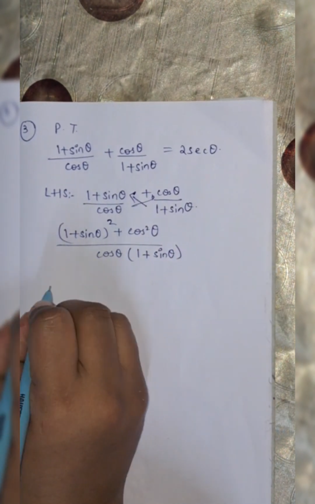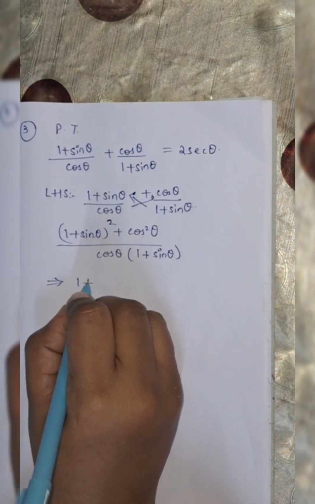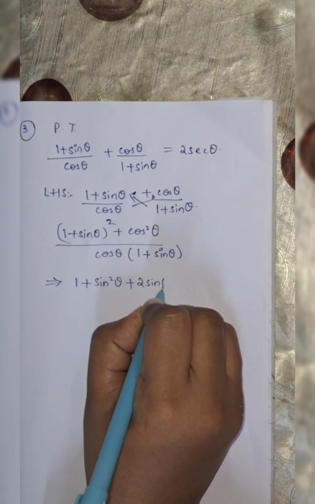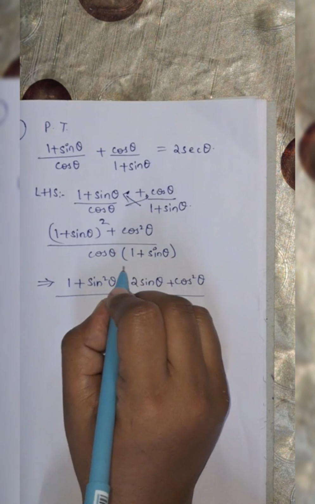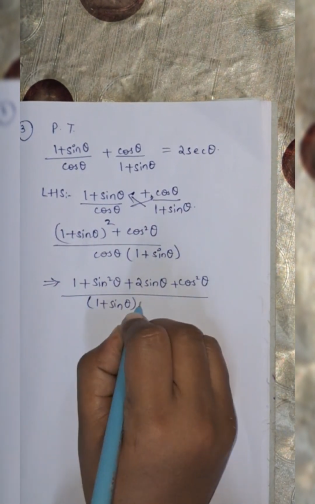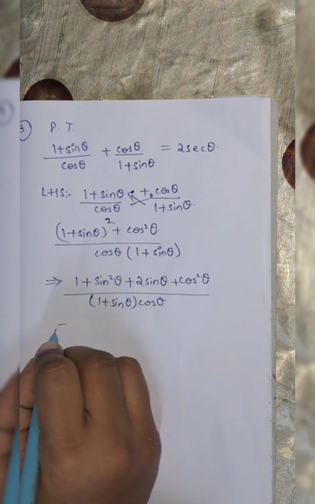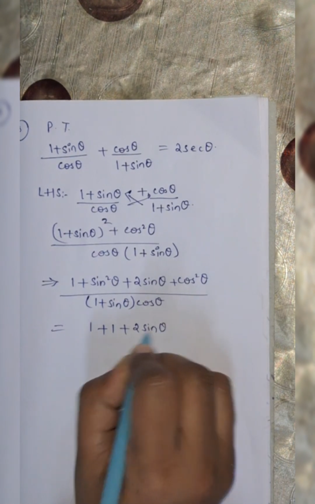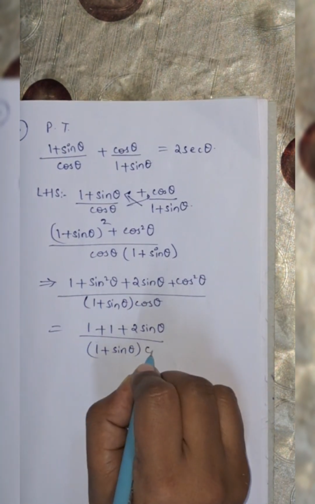Using (a plus b) whole square, this will be 1 plus sine square theta plus 2 sine theta, plus cos square theta, by (1 plus sine theta) into cos theta. Sine square theta plus cos square theta is equal to 1. So this will be 1 plus 1 plus 2 sine theta by (1 plus sine theta) into cos theta.